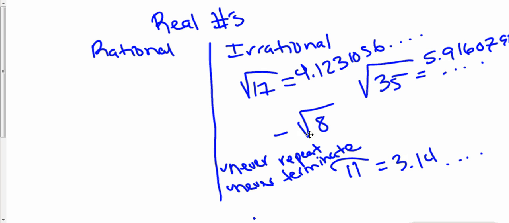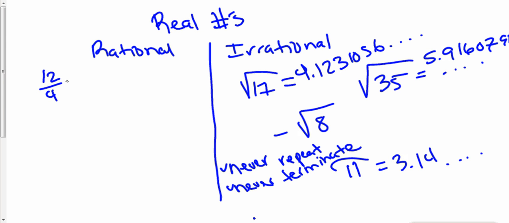So if it is not an irrational, then it must be rational. Now within rational, there are subcategories. So a few examples of numbers that are just rationals would be things such as 12 over 4. Why? Because it's a fraction.